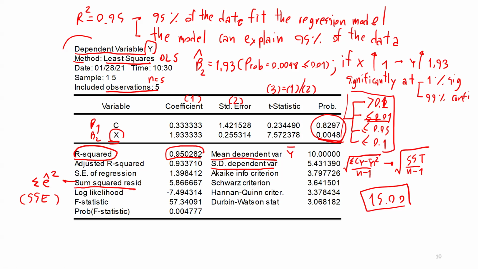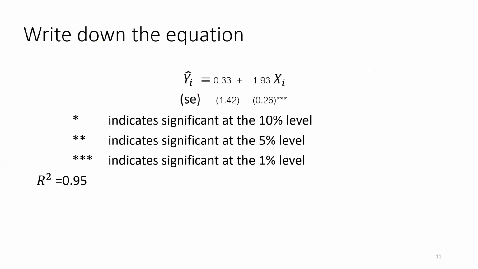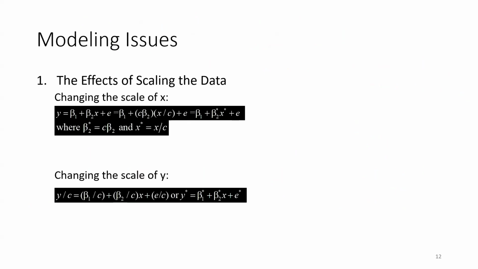And then we start some issues about the model. First, how about the effects of scaling data? Imagine you would like to find the relationship between expenditure and income. You want to know whether the higher the income, the higher the expenditure or not.